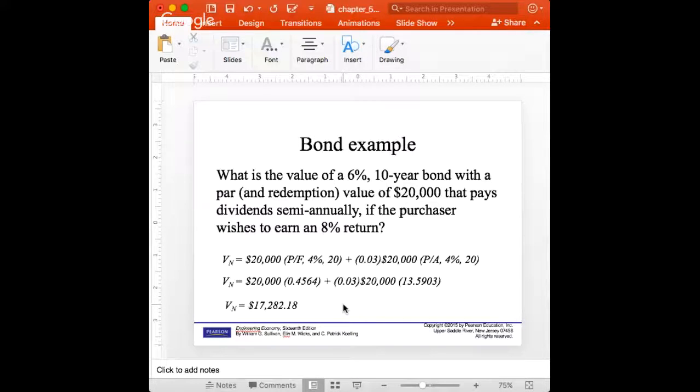There are situations where the purchaser would pay more than the par value, and the yield would be less than the bond rate. If you have a very attractive bond and there are no other good investments around, someone just might do that. Again, we explain that in a future video. This is fundamentally how bonds work.